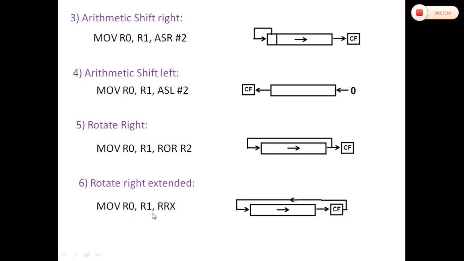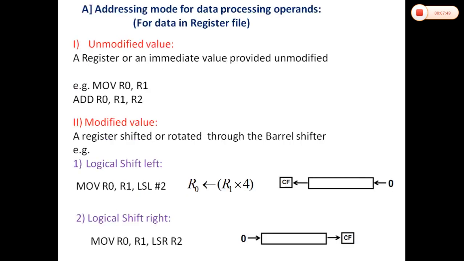This instruction rotates the content of register R1 to the right by 1 bit position by default, and the result is stored into R0. So these are the different possible operations coming under the modified value type of addressing mode under these data processing operands addressing modes.